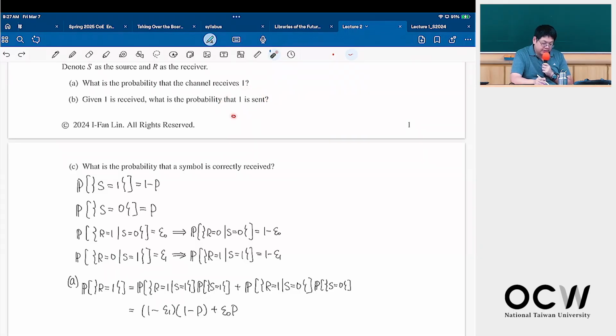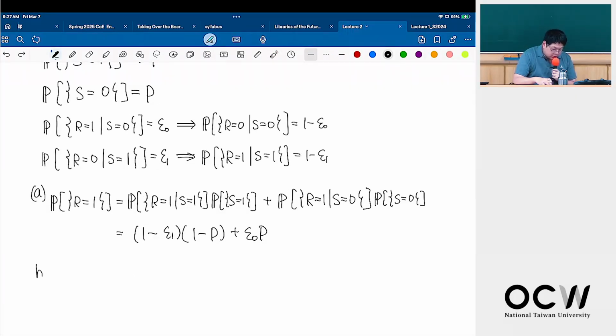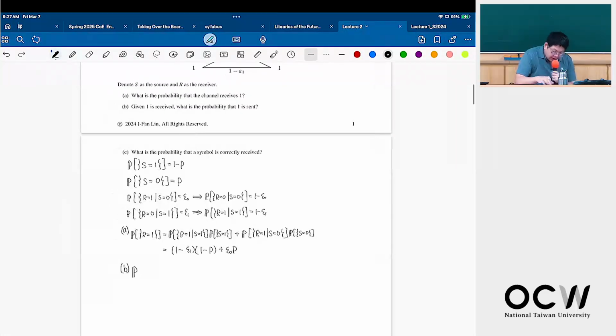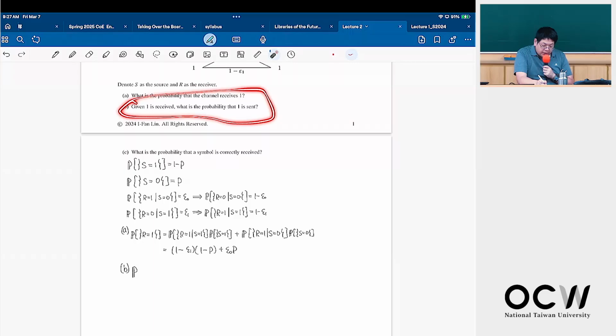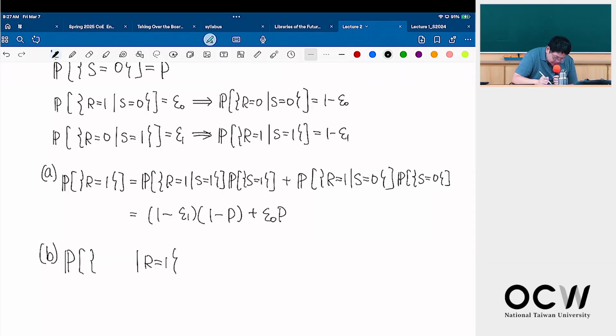Then for the next question, given 1 is received, what is the probability that 1 is sent? Because maybe 0 is sent and I still receive 1. You also need to know how to write this description into the math form. Given 1 is received, the probability that 1 is sent. That means given 1 is received, that 1 is sent.